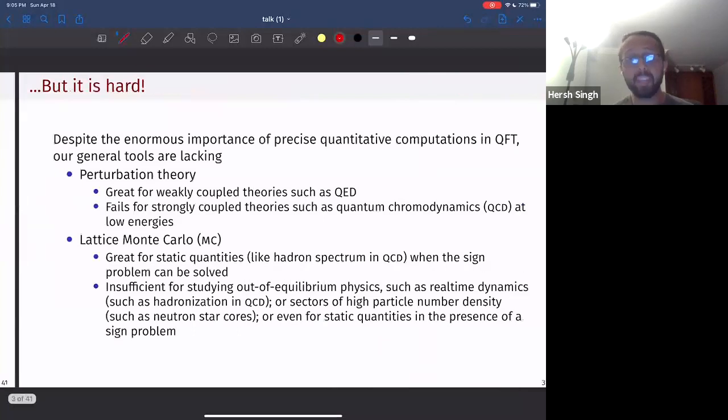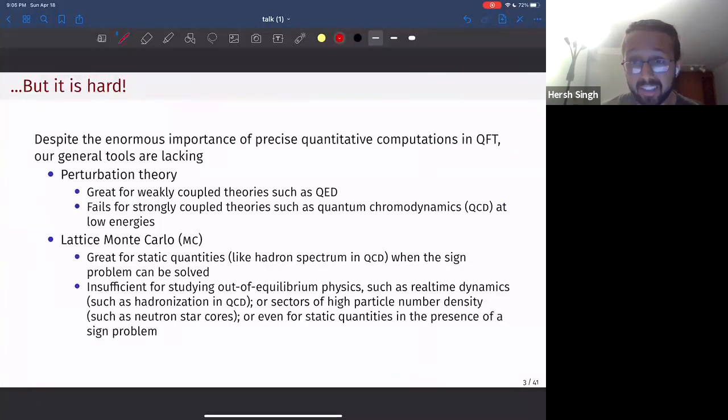But it's hard. Despite the enormous importance of precise quantitative computations in quantum field theory, our tools for doing such are very limited. For example, we have perturbation theory, which is great for weakly coupled theories like QED, right? But it fails miserably for strongly coupled theories such as QCD at low energies in particular.